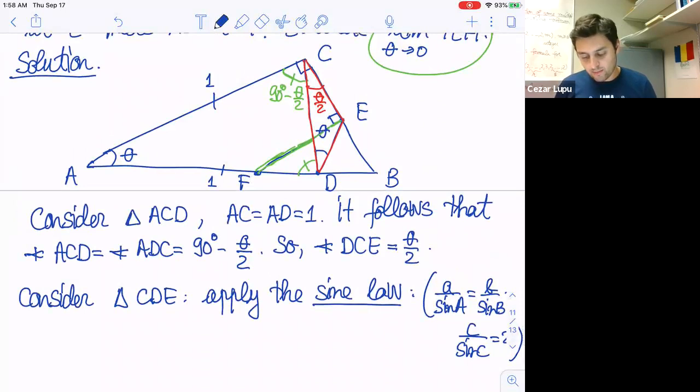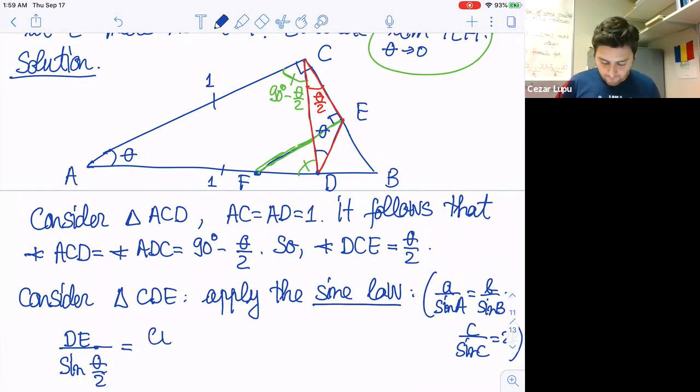Guess what? Well, we have DE over sine of theta over 2 is the same as CE over sine of theta, right?